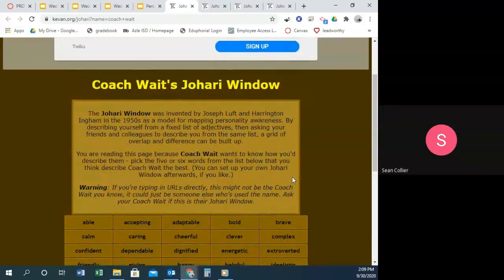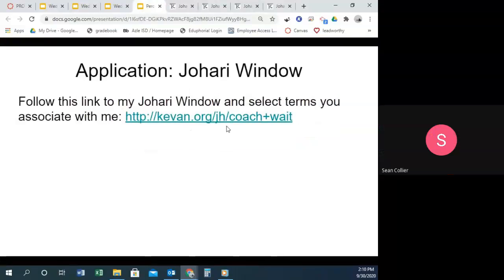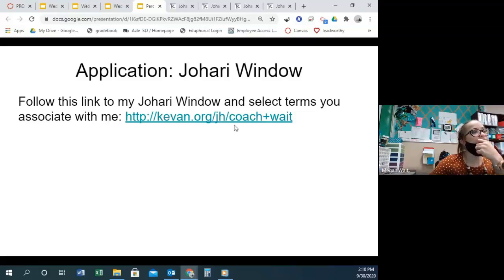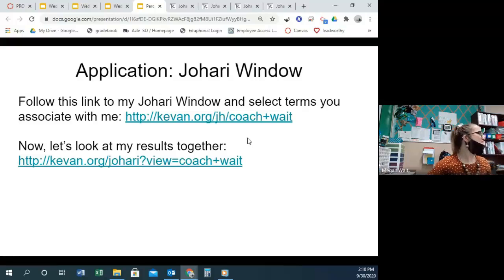What's the link? It's right here. It's taking forever to load. Absolutely, 5 words. Y'all click them. Religious. You're religious. Just pick 5.